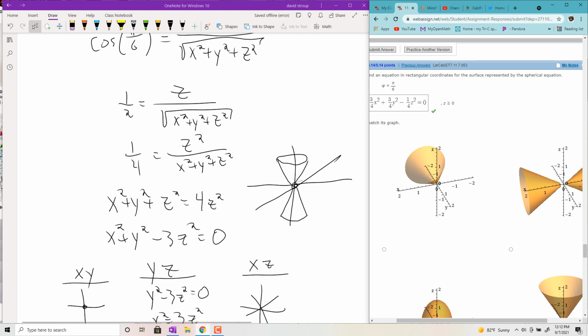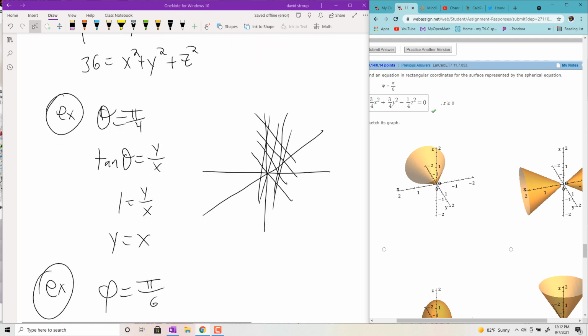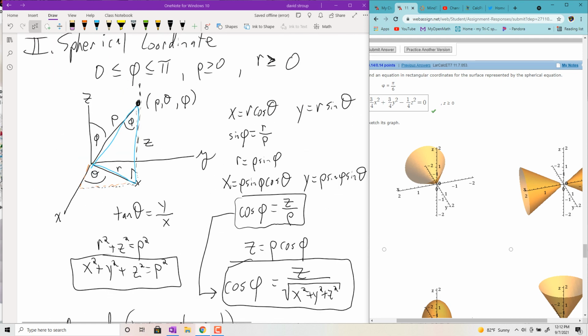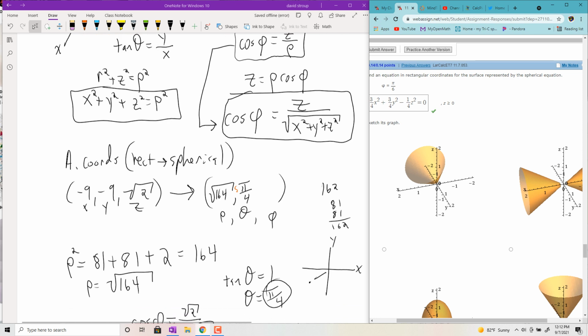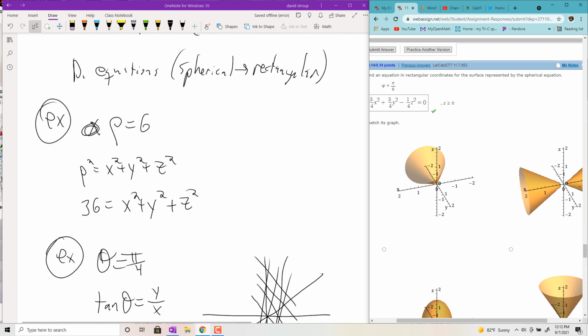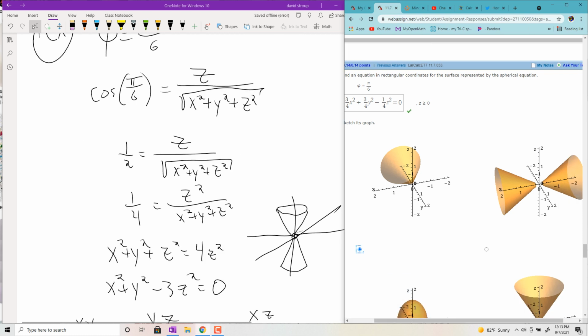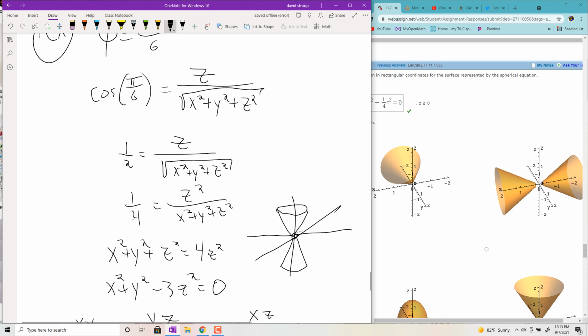What the heck did I do wrong? Did I copy the equation wrong? No. Oh, stupid me. The cosine of pi over 6 is root 3 over 2.